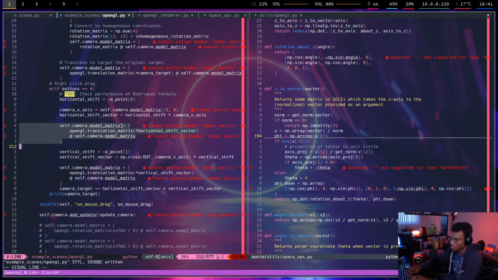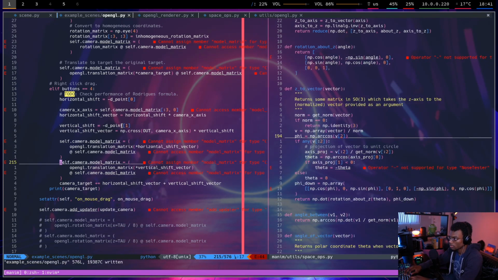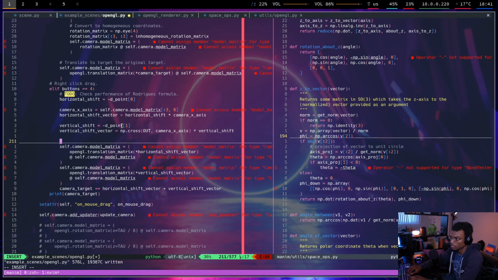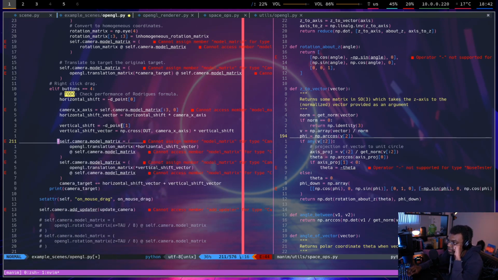Let me start with some refactoring. Move this down here. Then I should be able to just do full rotation or something. Wait. One of these is a cross product. One of them isn't.